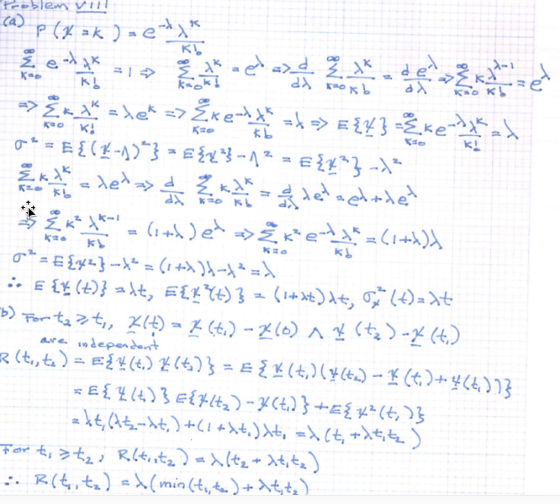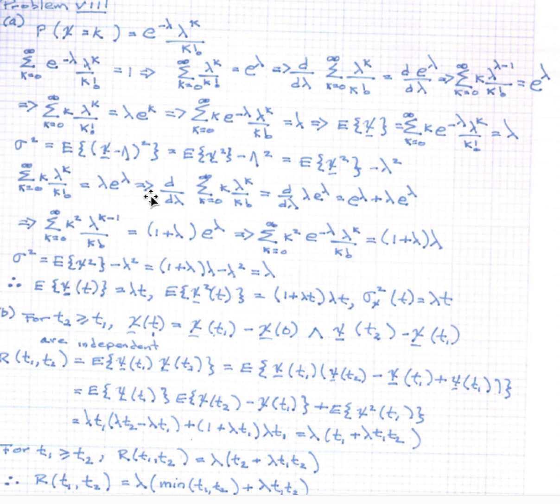So we have here, again, the summation from k equals 0 to infinity of k times lambda to the k over k factorial, which is equal to lambda times e to the lambda.